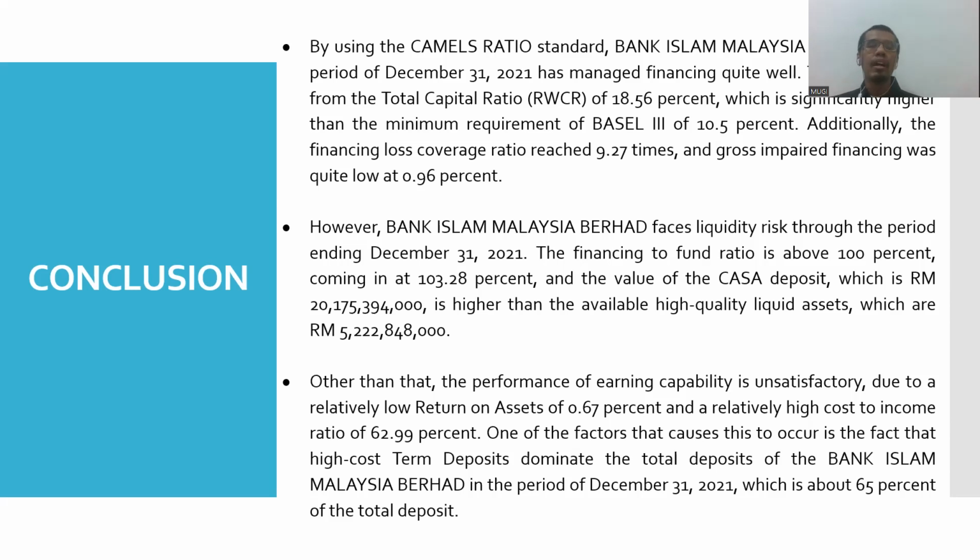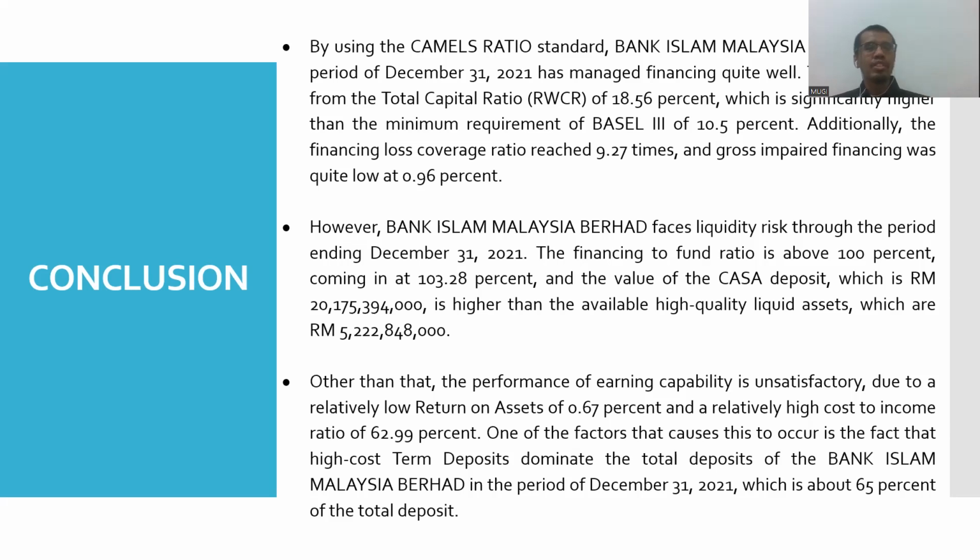So if somehow every customer of the CASA deposit, the saving and the demand deposit, takes their money from the bank, the bank will need to supply 20.1 billion ringgit Malaysia, but they only have 5.2, so they need to find another 15 billion.